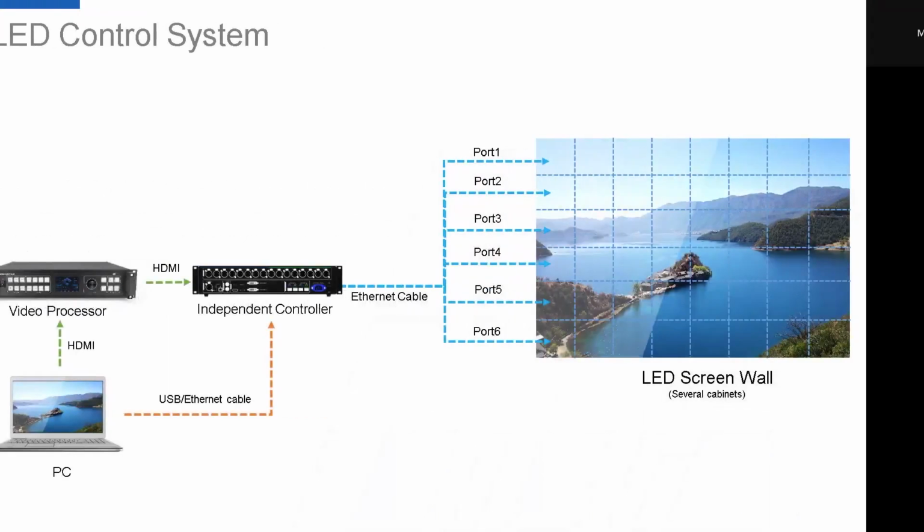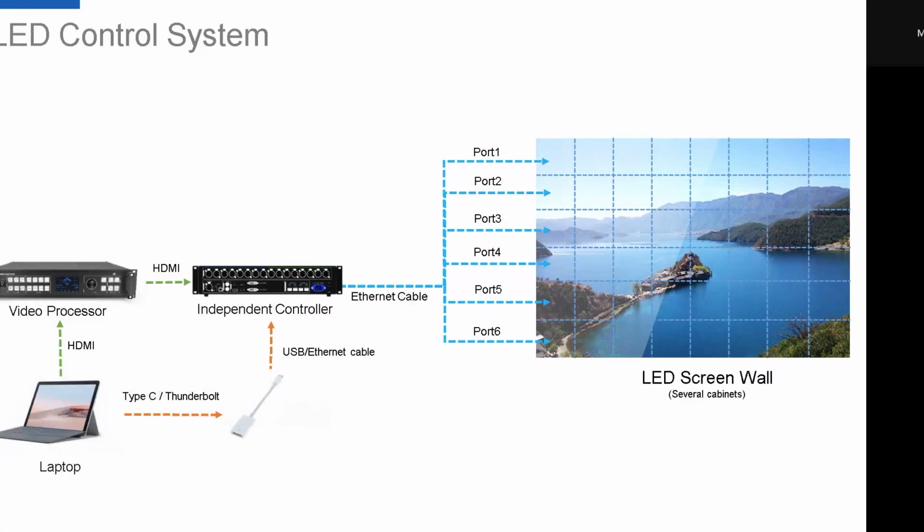First, we have to see how the controller is connected to the control PC. There are usually three different connection methods. You can directly connect the PC and controller with a USB cable or Ethernet cable. Sometimes you may need to control multiple controllers at the same time, so you may need to add a network switch or router in between.